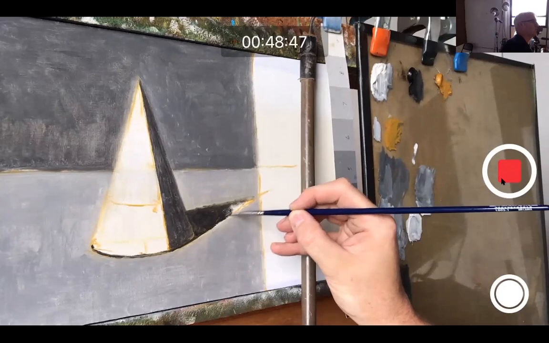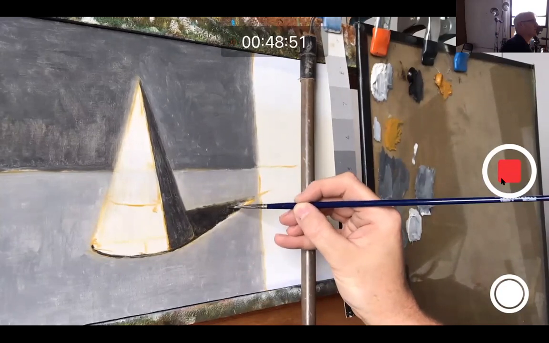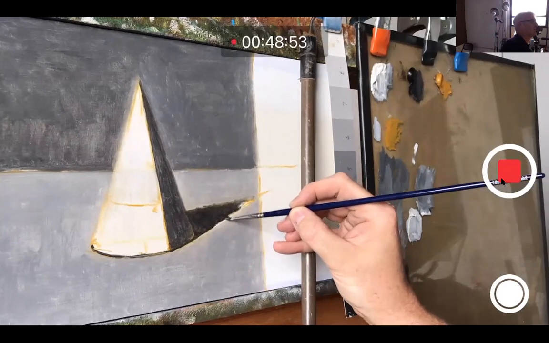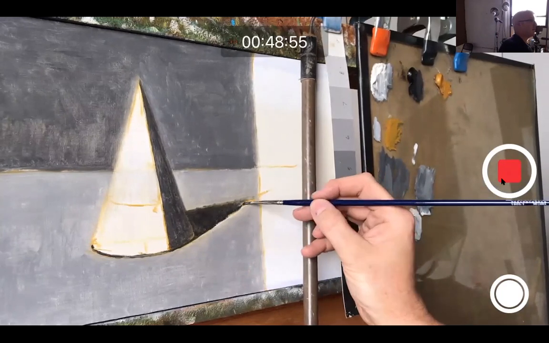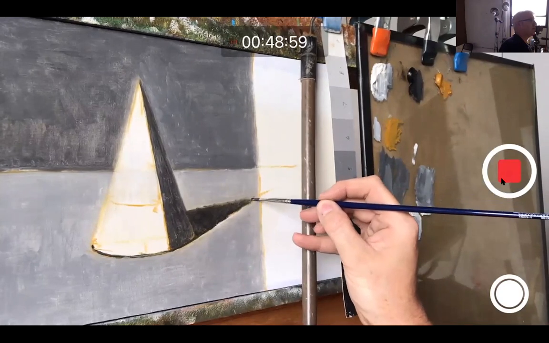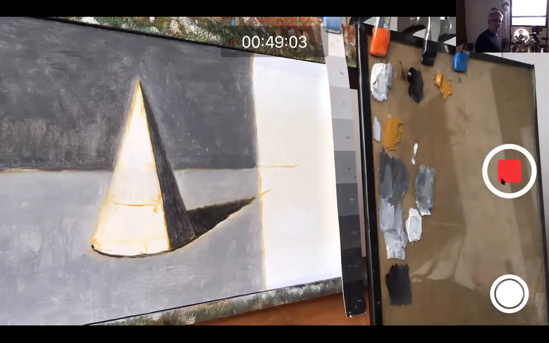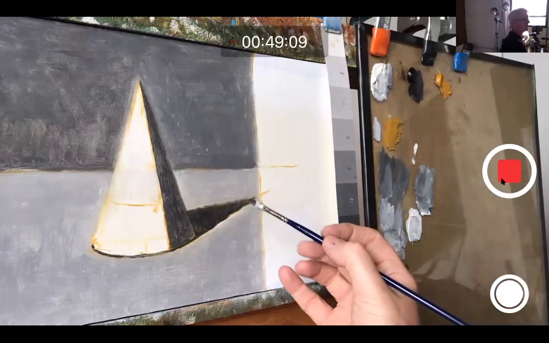Again, I don't need to worry about details. Which isn't to say we're not going to paint them, but I'm just not looking at details at this stage of the painting. I'm just looking at the very large masses of lights and shadows.